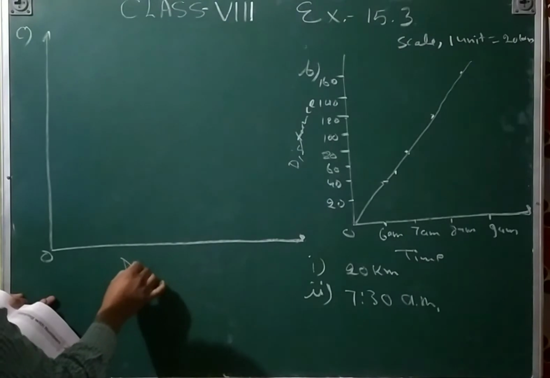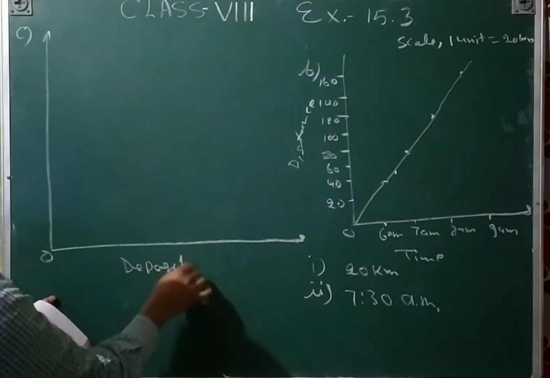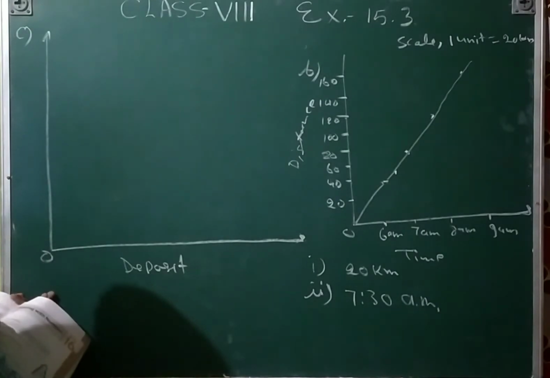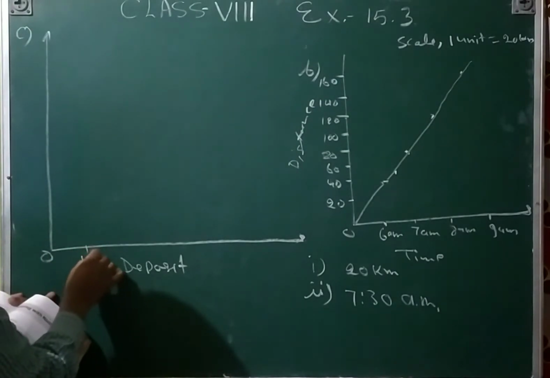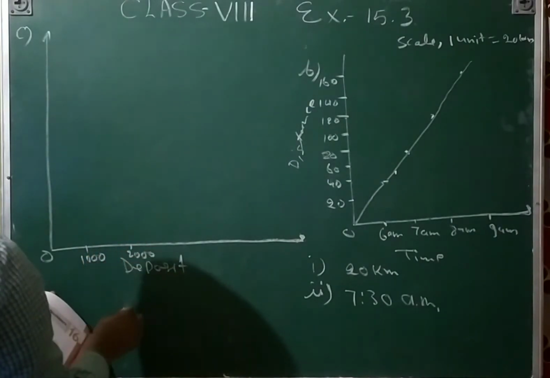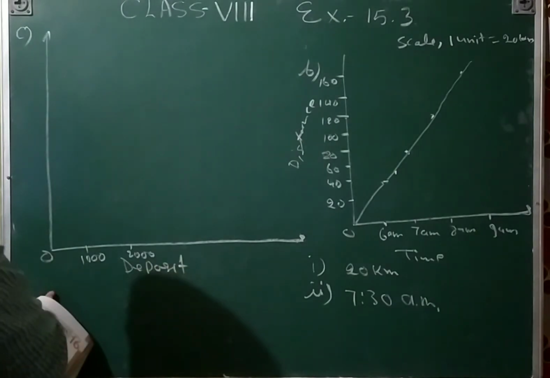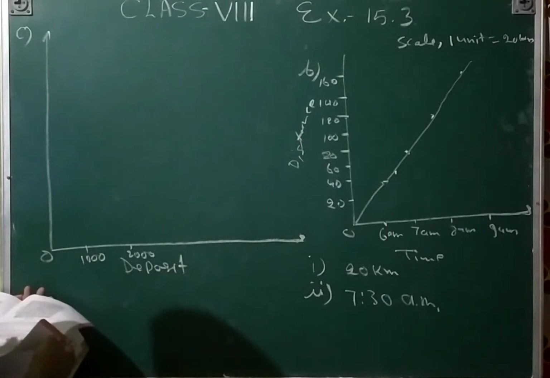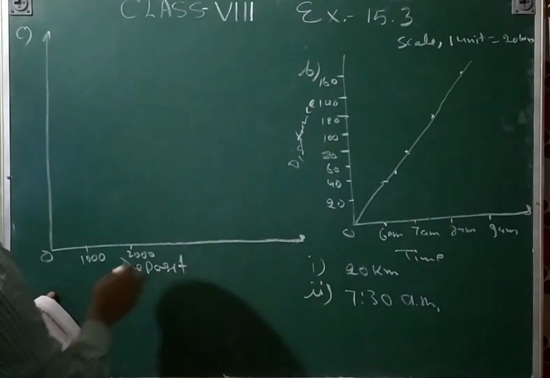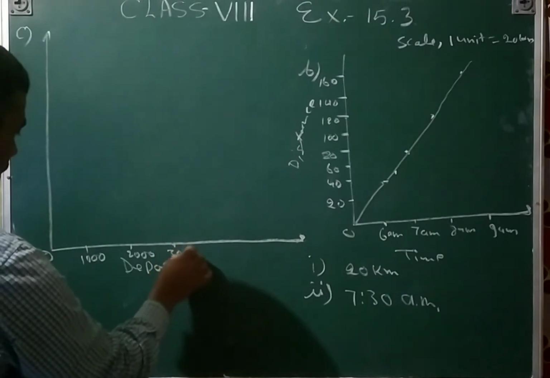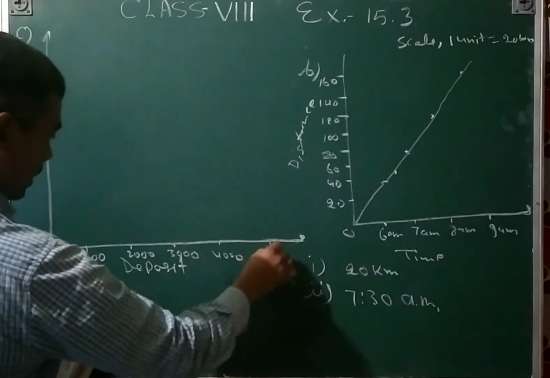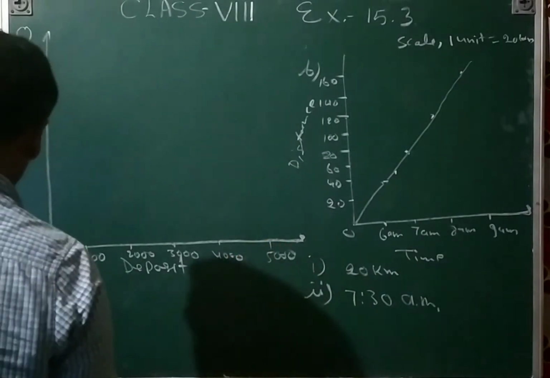Deposit is 1,000, and then 2,000, and then 3,000, and then 4,000, and then 5,000.